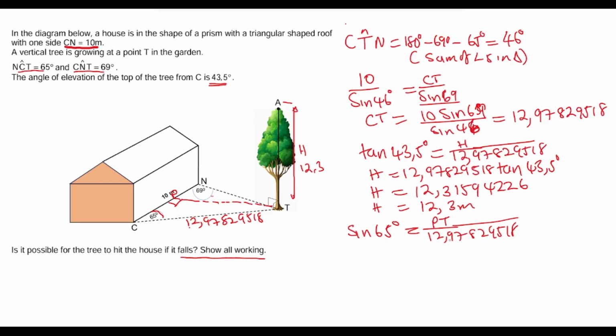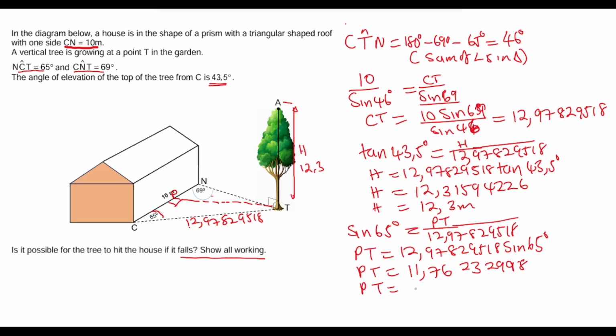Multiply both sides by 12.97829518 and we get PT equal to 12.97829518 sine 65. Put this in the calculator and we get PT equal to 11.76232998, so roughly PT is 11.8 meters.